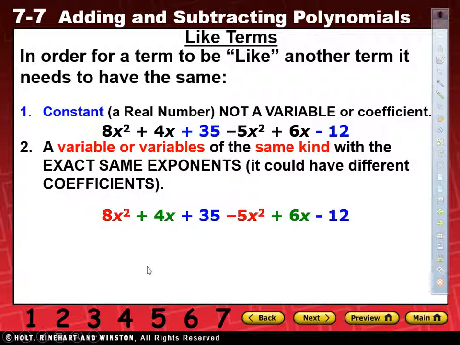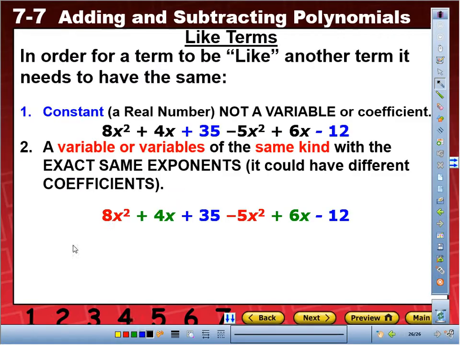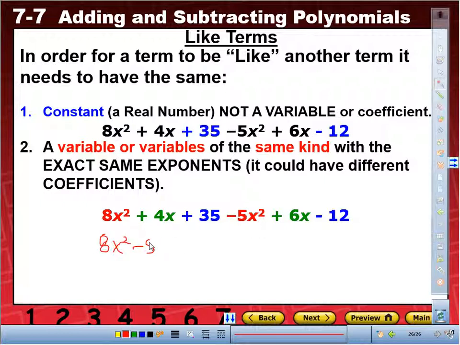So the process that I gave you, the steps. Step 1, you multiply. Are there any things to multiply? No. Step 2, identify like terms. We already identified them, right? Step 3, commutative and associative property. So this becomes 8x squared, minus 5x squared, plus 4x plus 6x, plus 35 minus 12.